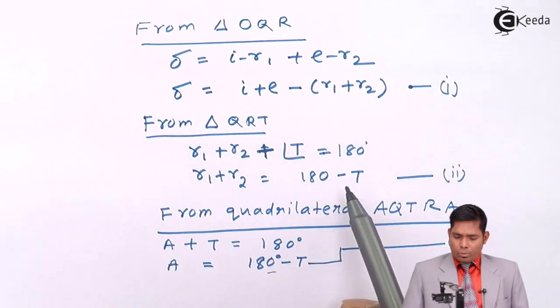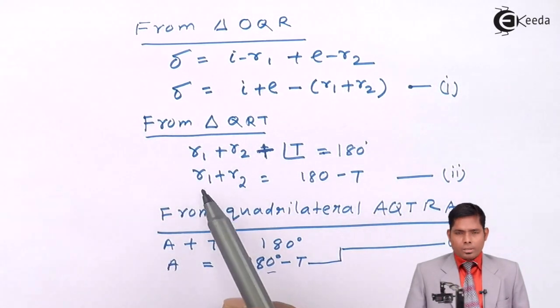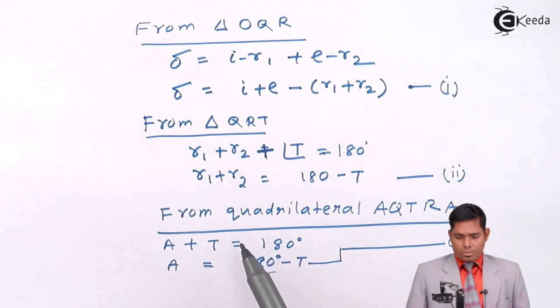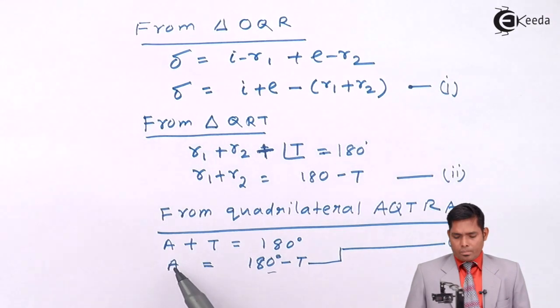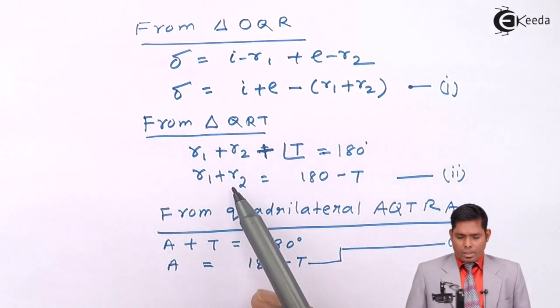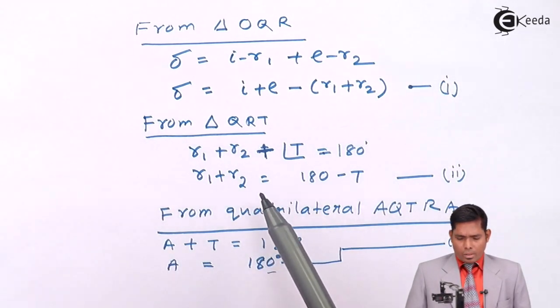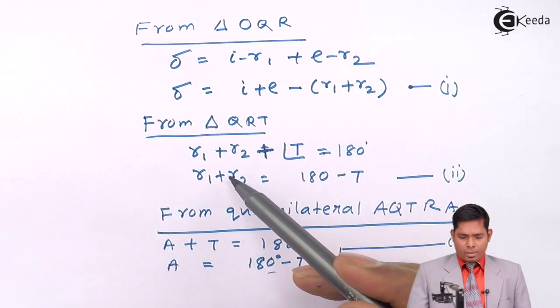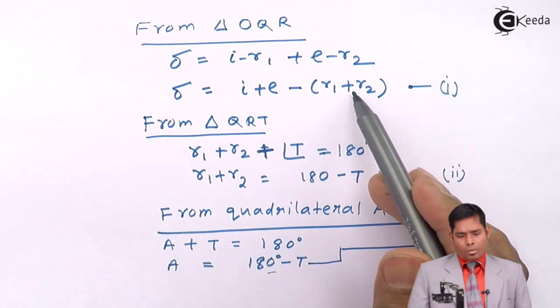Now if you compare this 2 and 3, you'll see that this A is R1 plus R2, because the right hand side is the same. So I write A is R1 plus R2, and that is a new equation, and that R1 plus R2, which is A, is substituted in equation 1.